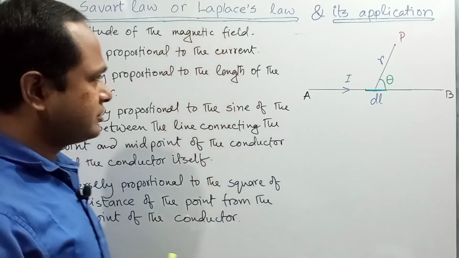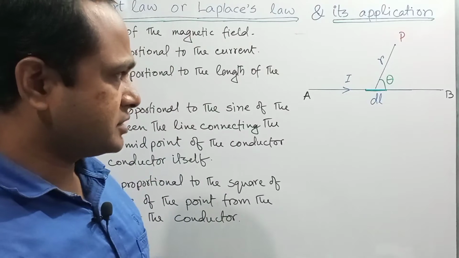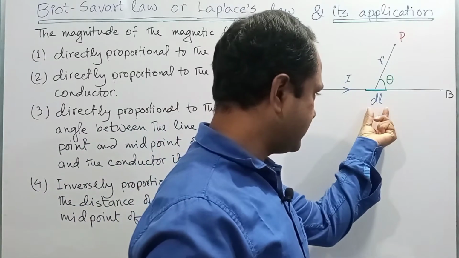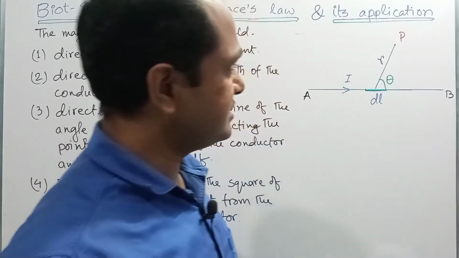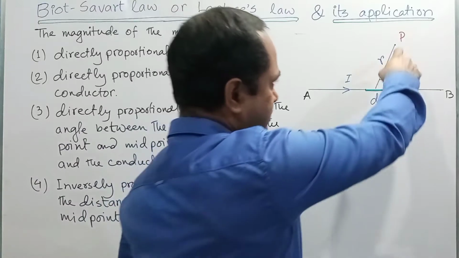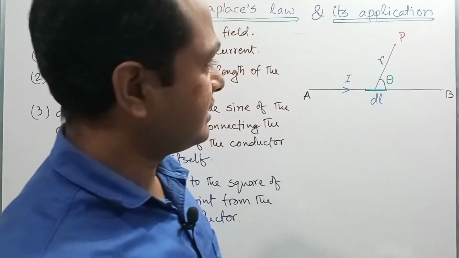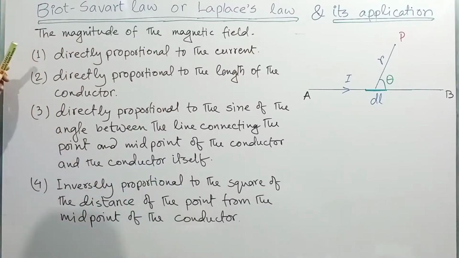According to the Biot-Savart law, if AB is a current carrying conductor and we consider a small length dl, the intensity of the magnetic field due to the current carrying conductor at point P, which is at r distance, depends on the following factors.